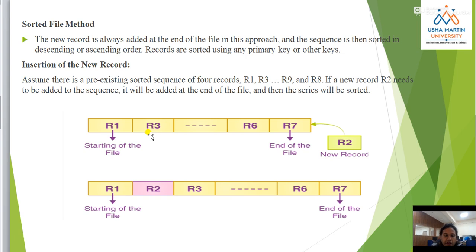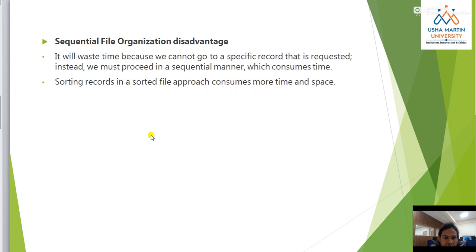This is the sequential file organization method. But in sequential file organization there are also some drawbacks, some demerits. It will waste time because we can't go to a specific requested record; instead we must proceed in a sequential manner.